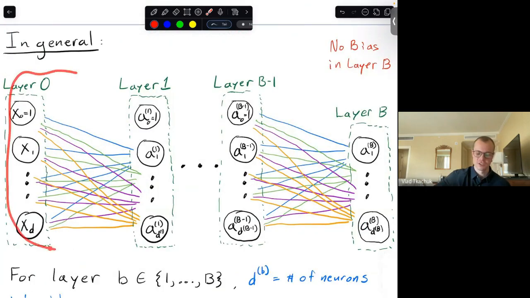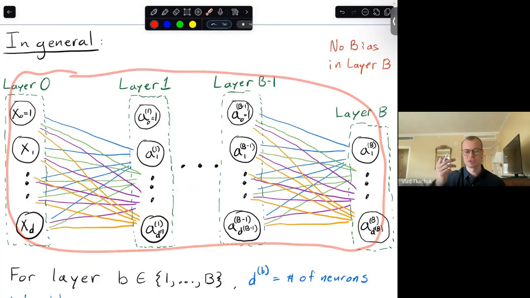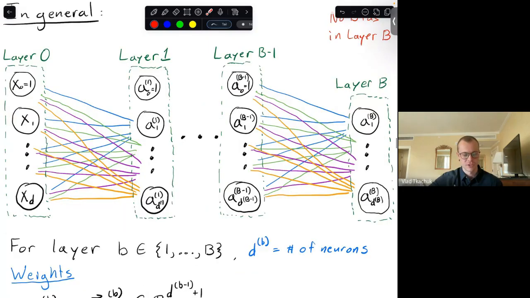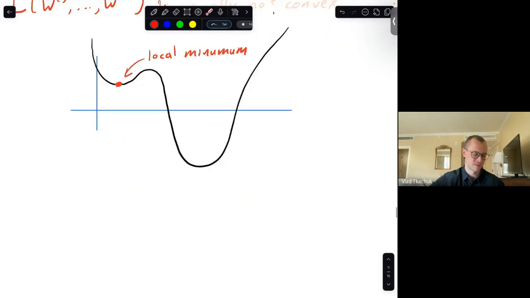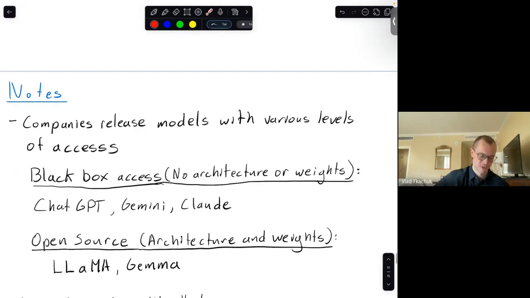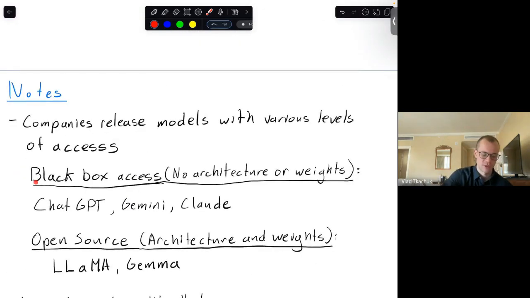And the question is, what information do they tell you? So this has already been trained, so the weights have all been set and so on. And there's two ways that companies release stuff: a closed source and an open source release. People call this black box access. So companies won't even tell you the architecture and they won't tell you the weights. And so they'll only allow you to pass in an input and then get the output. And so you have no idea what's going on on the inside.